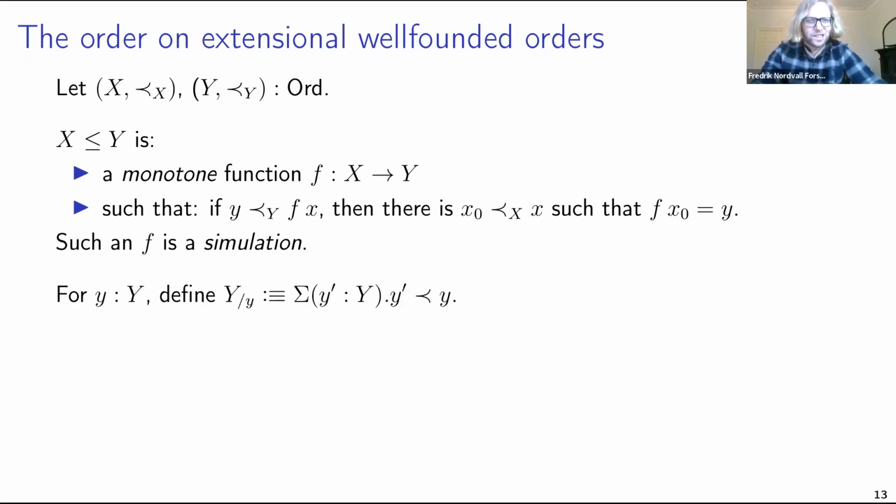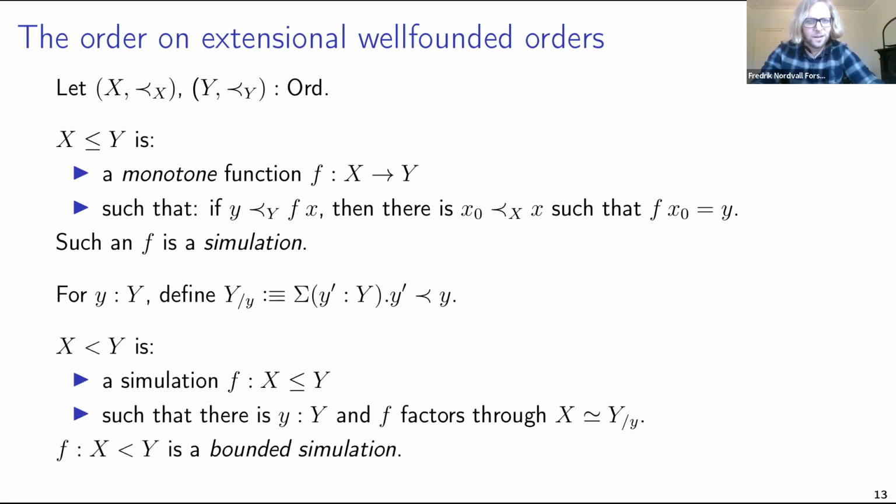What does it mean for x to be strictly smaller than y? Well, for that, let's define the part of y which is below a little y. So this is a sigma type of all y' such that y' is smaller than y. So this is the initial segment of y below y, right? Because everything in this type is smaller than y.